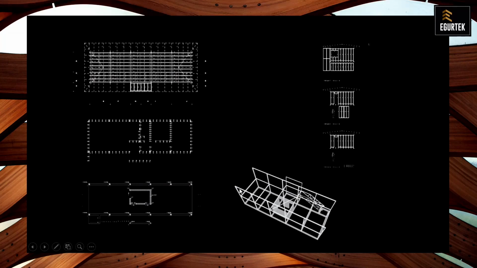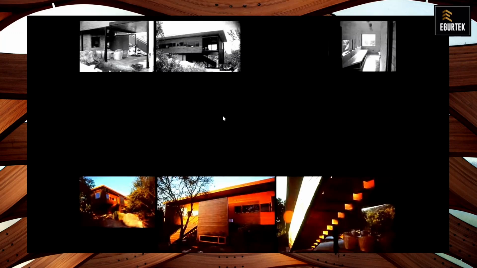Well, from these basic maths, we obtained some drawings with the minimum elements. This house was competing with low-cost prefabricated buildings. And the final result was able to compete with that.